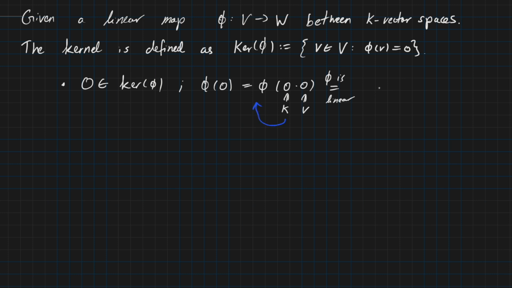So you have 0 times phi of 0. And still, this is an element of the vector space V, and this is an element of the field K.